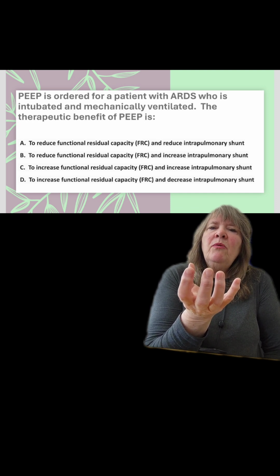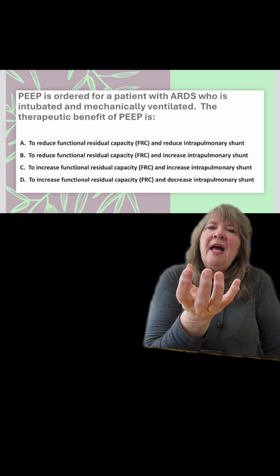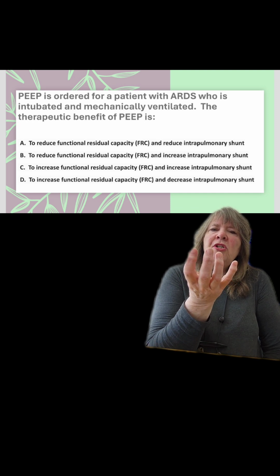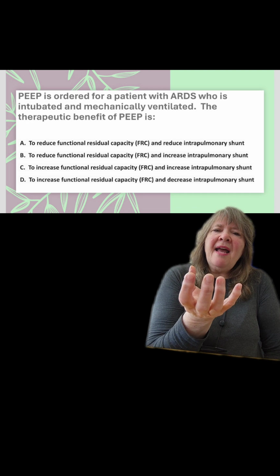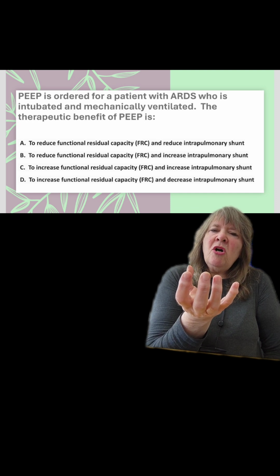There's got to be a little bit of residual air to help keep the alveoli open. So the air that remains in the alveolus at end exhalation is known as FRC.